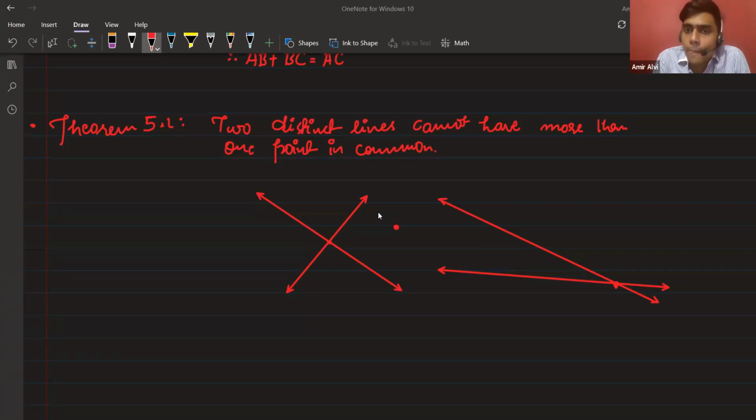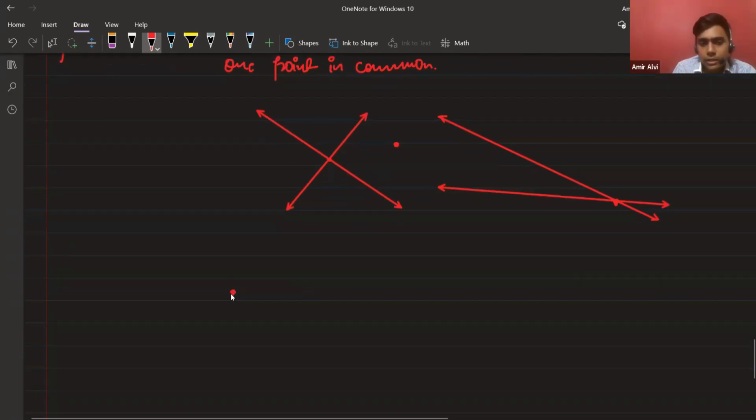Basically, if a line is passing through two distinct points, only one line can pass through them. And if there are two common points of intersection of two distinct lines, this axiom will directly be violated, because only one line can pass through two distinct points.